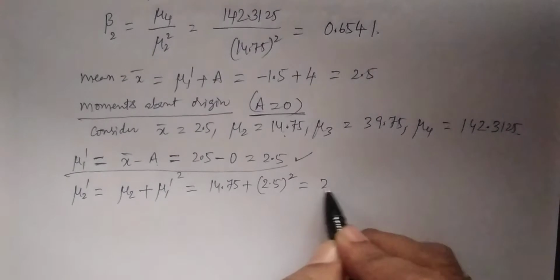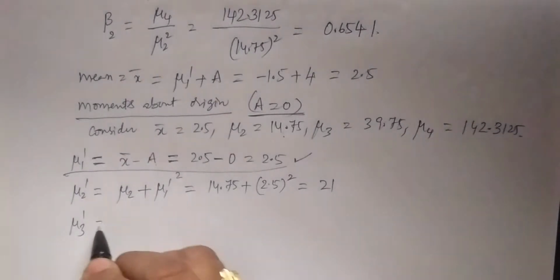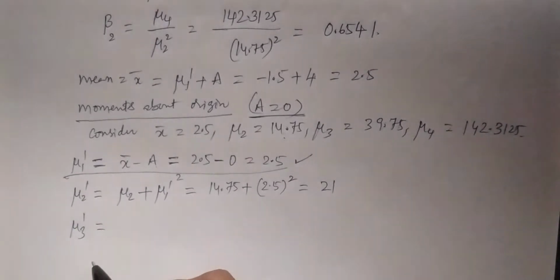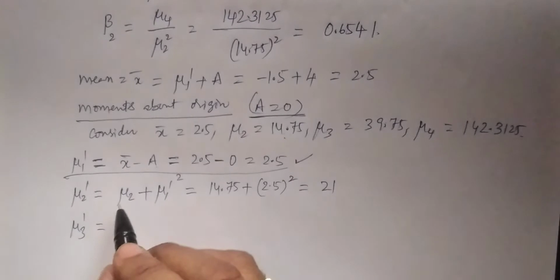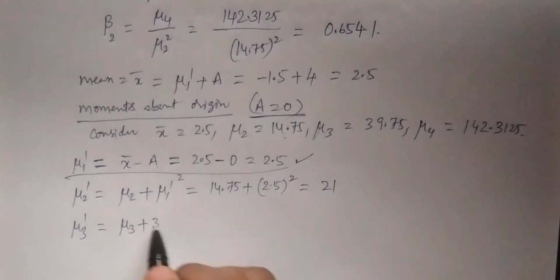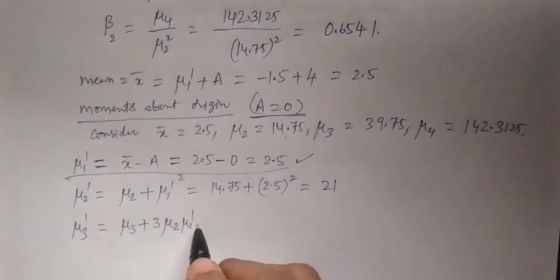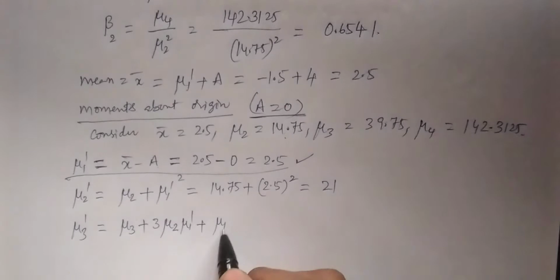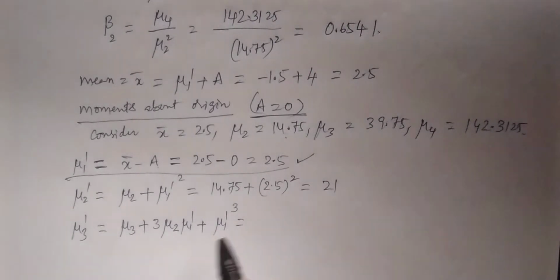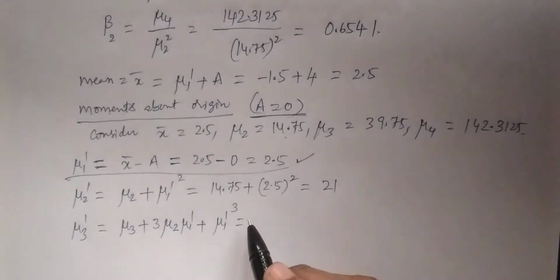It is 21, right? And mu3 dash is equal to another relation. It is mu3 plus 3 into mu2 mu1 dash plus mu1 dash cube. This is the formula here. And what is the value of mu3?